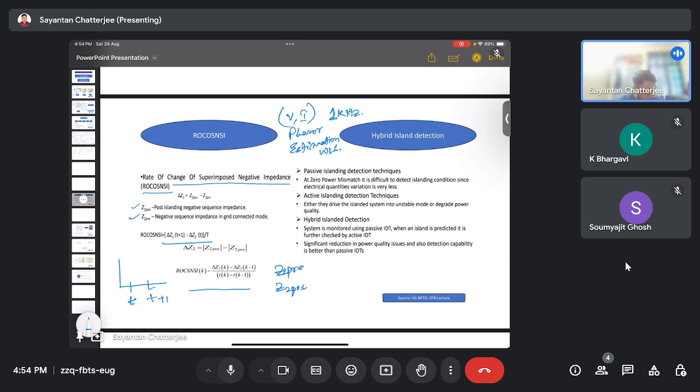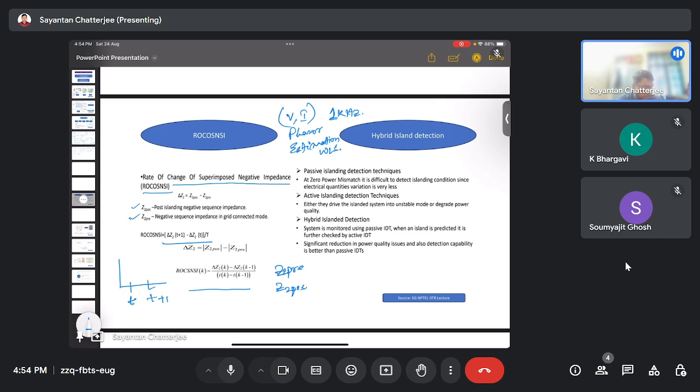That helps in detecting whether the system is operating in islanded mode or in grid connected mode. There are tests performed on IEEE systems, mostly on this microgrid architecture considering the IEEE 13 node test system.